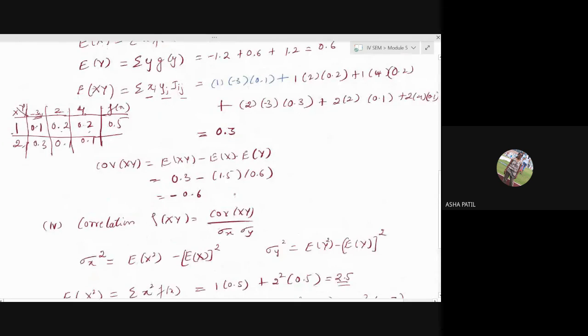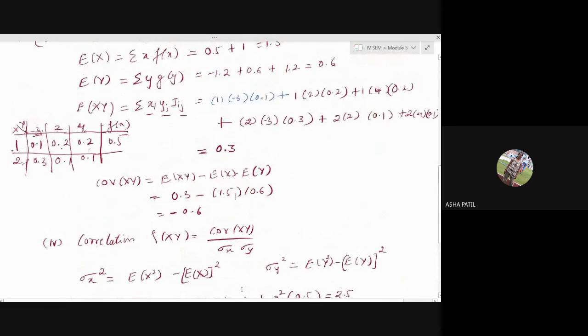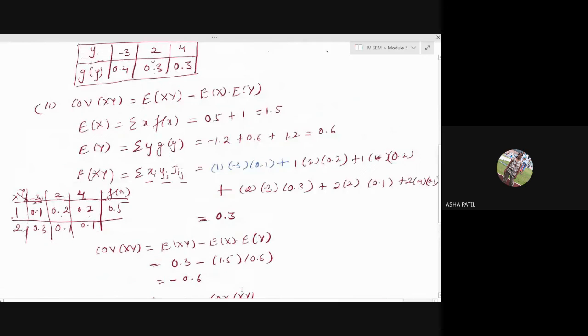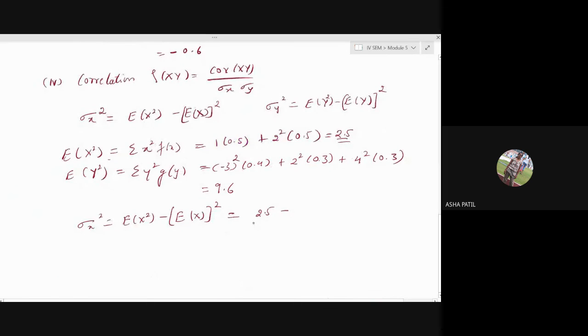Expectation of x is 1.5, and its whole square is 2.25. So 2.5 minus 2.25 is 0.25. Sigma x square is 0.25. Sigma x is 0.5.